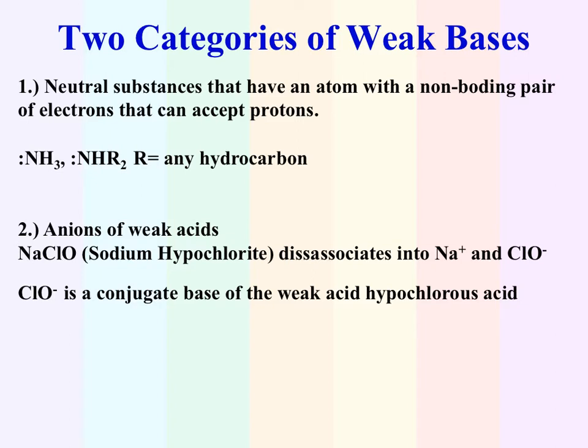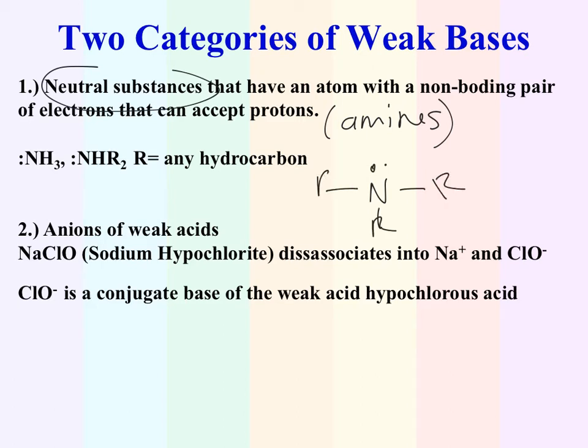The first category is a set of neutral substances that have an atom with a non-bonding pair. Basically these can usually be categorized as amines.